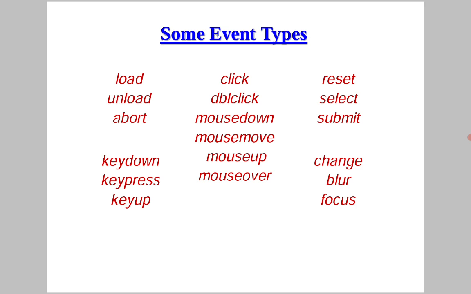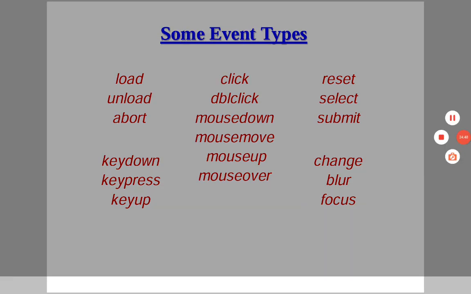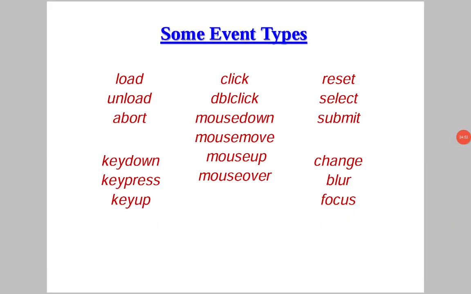Examples of mouse events are mouse up and mouse over. Mouse up means whenever you press and hold on a particular object. Mouse over means whenever you place a mouse pointer over a particular object.